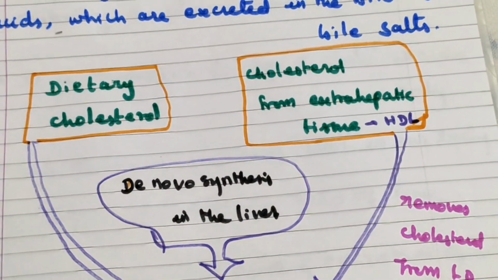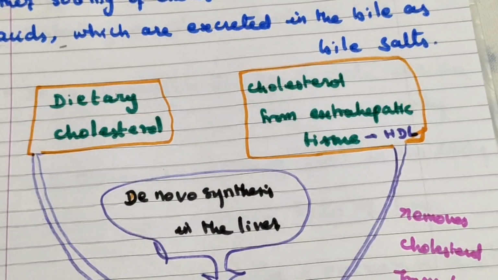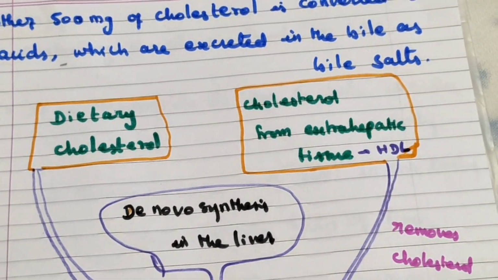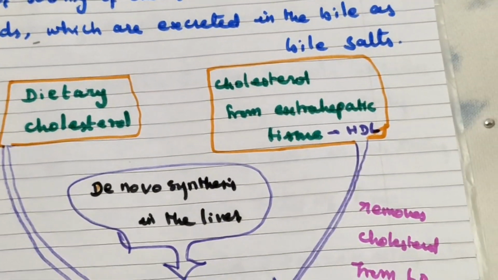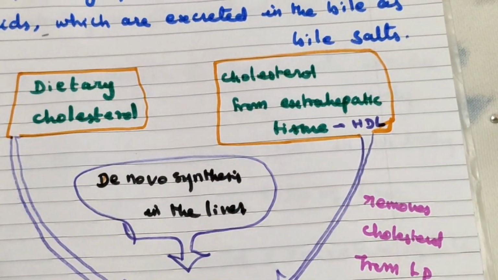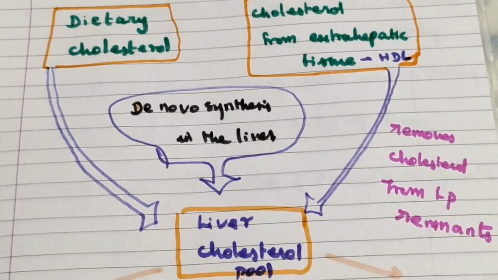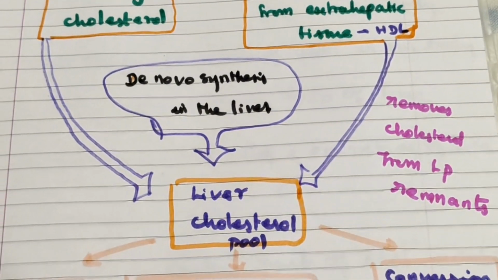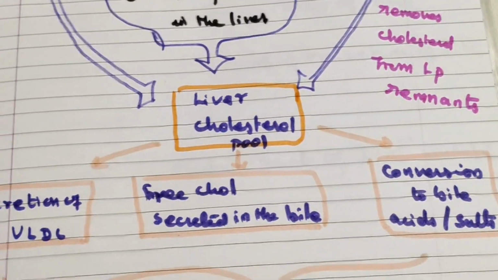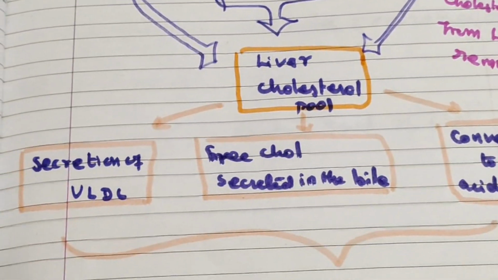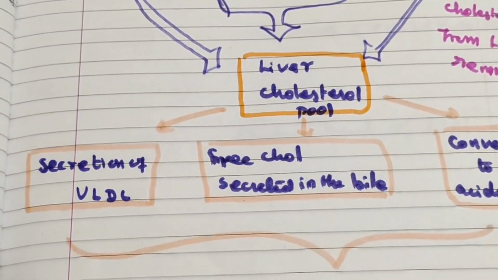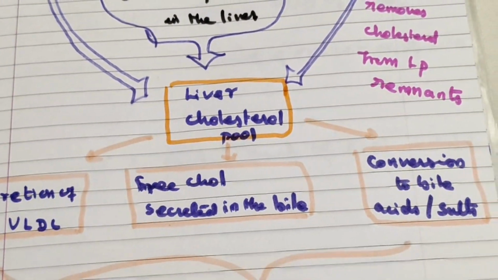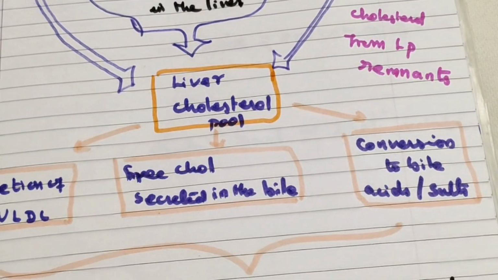All the cholesterol metabolism reactions occur in the liver. So the liver is the central part. The liver takes up cholesterol from dietary sources, or cholesterol from extrahepatic tissue in the form of HDL, or from de novo synthesis in the liver. This is the central liver cholesterol pool. The excretion routes are secretion of VLDL, very low density lipoprotein, free cholesterol secreted in bile, or conversion to bile acid or bile salt.